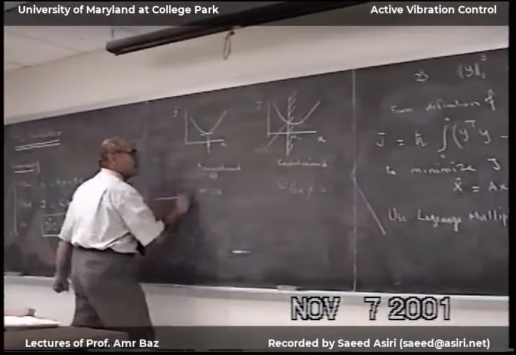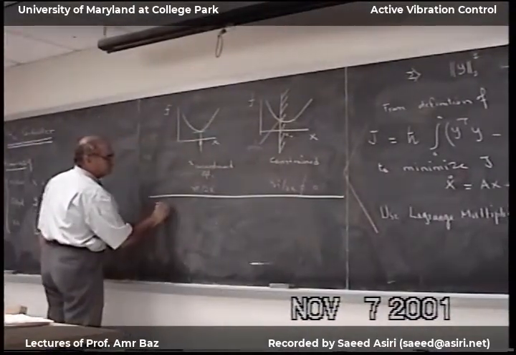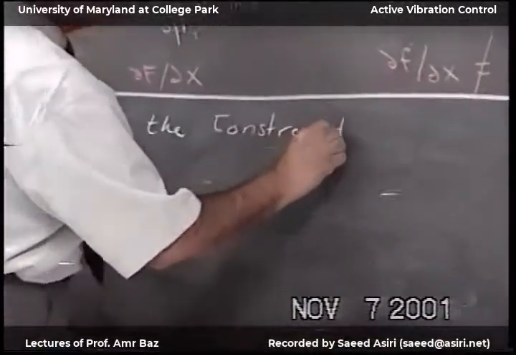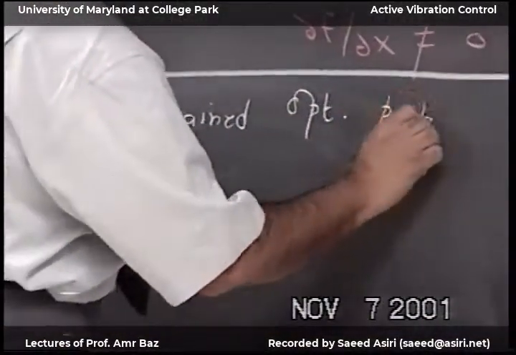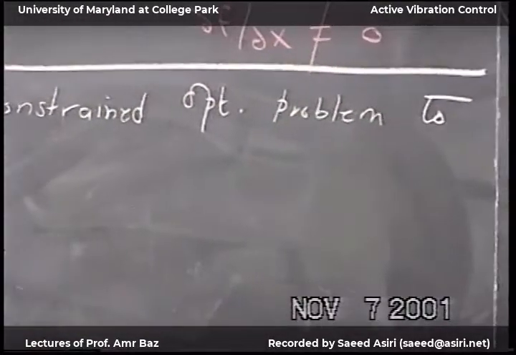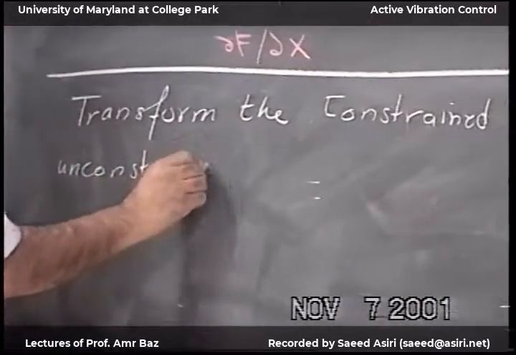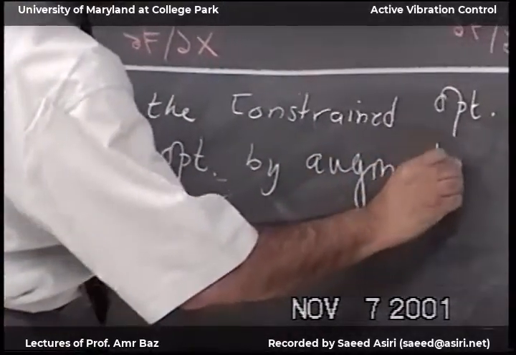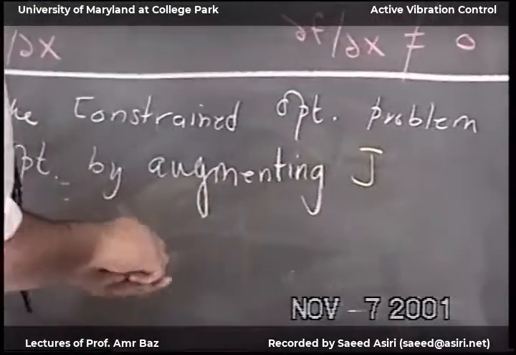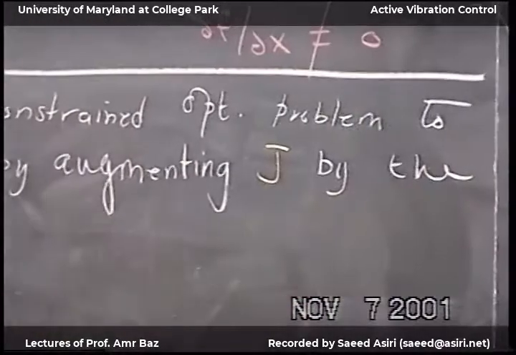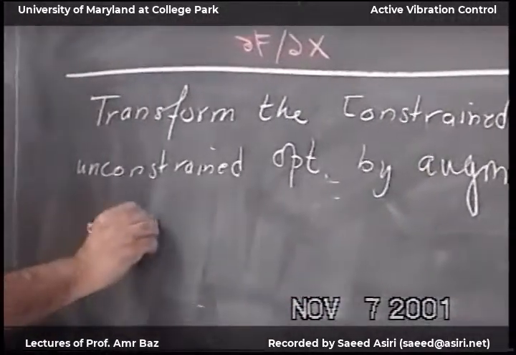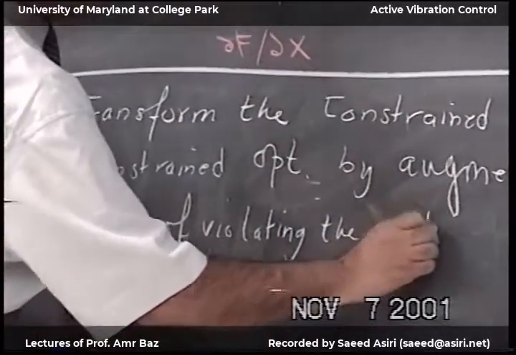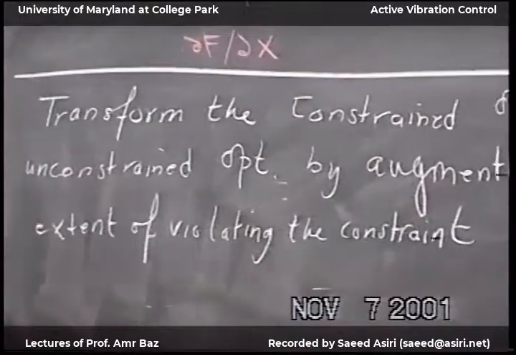So now accordingly here, we'll transform the constrained optimization problem to unconstrained optimization by augmenting J by the extent of violating the constraint. So now accordingly J will become like this.